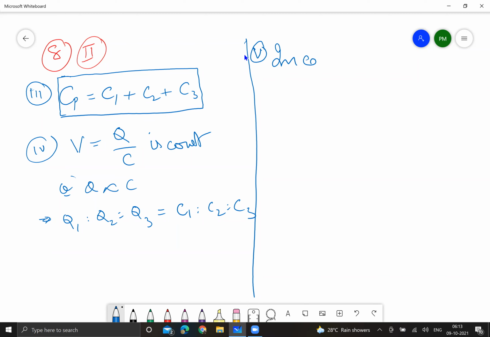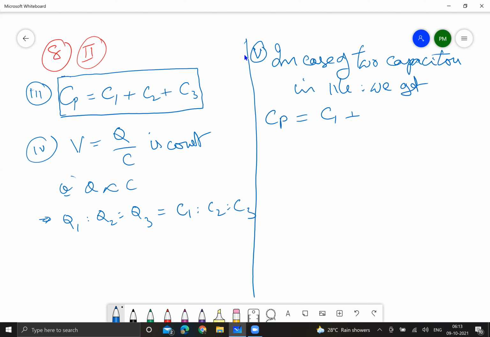In case of two capacitors in parallel, we get CP is equal to C1 plus C2 and Q1 is to Q2 is C1 is to C2.